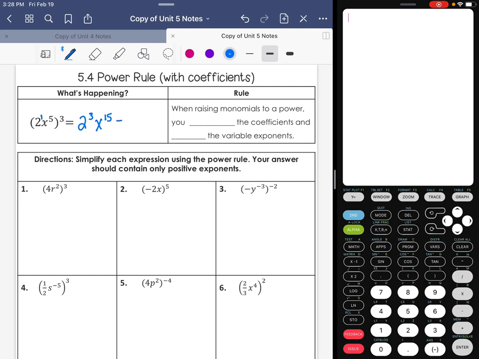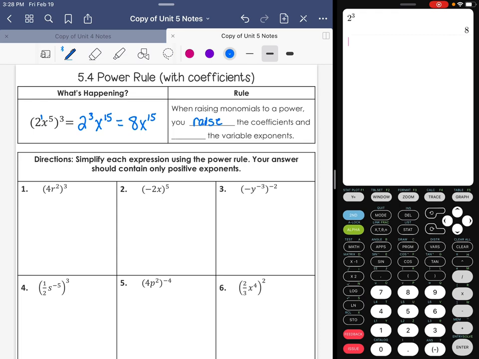But then, because you can actually do 2 to the third power, you're going to do that in your calculator. So just use the exponent button, put in the 3, and so you're going to get 8 x to the 15th power.